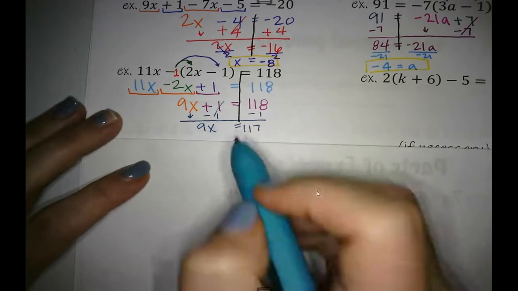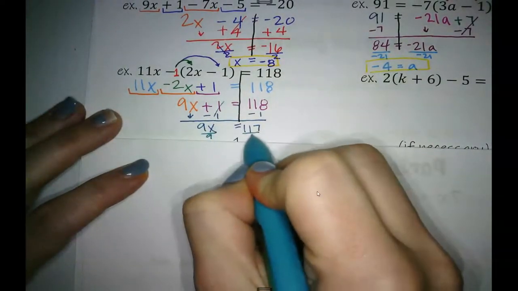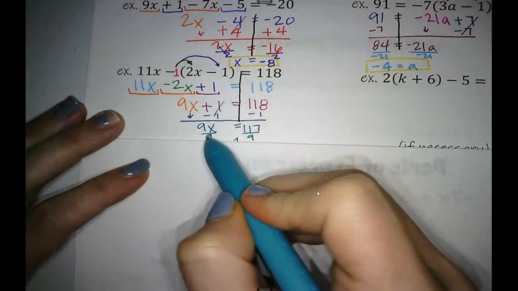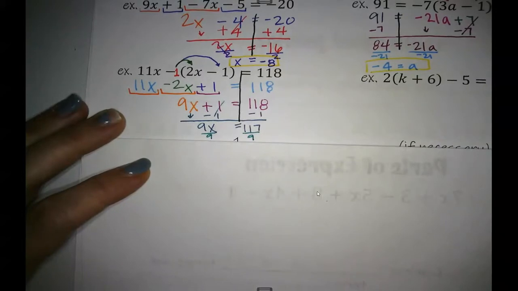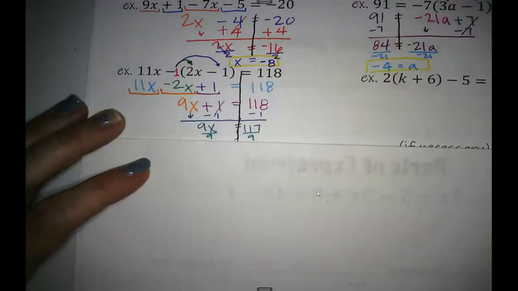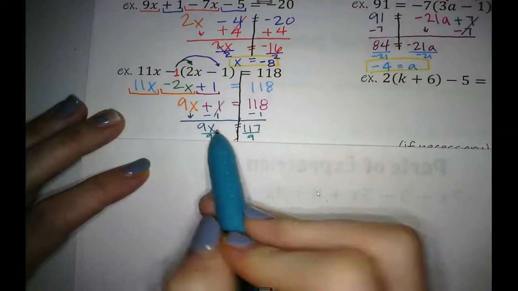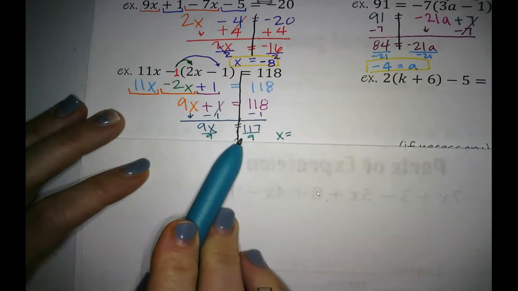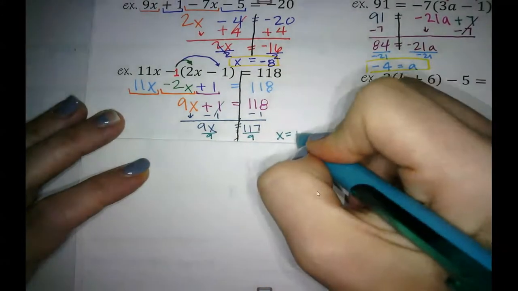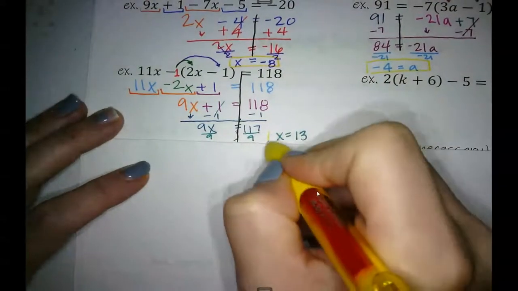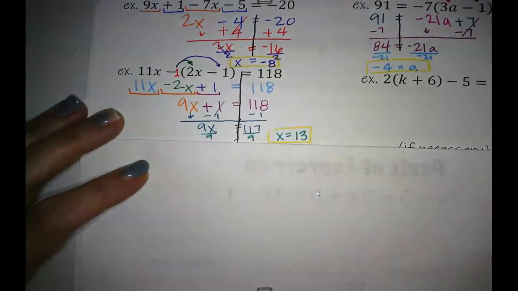Now I can handle that multiplication by dividing both sides. 9 divided by 9 just leaves me with x on this side. 117 divided by 9 ends up being 13. So in this example, in order for this equation to be true, x has to be 13.